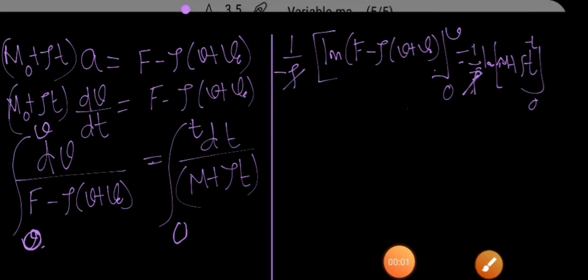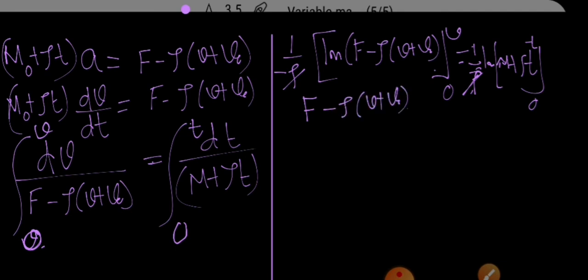See, this rho and this rho get cancelled out, and after substituting the limit I can take the exponential on both the sides, so ln will be gone and I'll obtain (f minus rho v plus v naught) by (f minus rho v naught) will be equal to M by (M plus rho t).